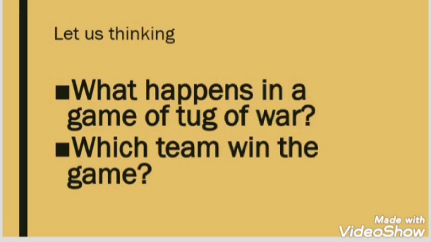The team that pulls the rope towards their side wins the game. Such a force does not cancel out each other's effects and is called an unbalanced force. This is an example and a thinking of this picture.